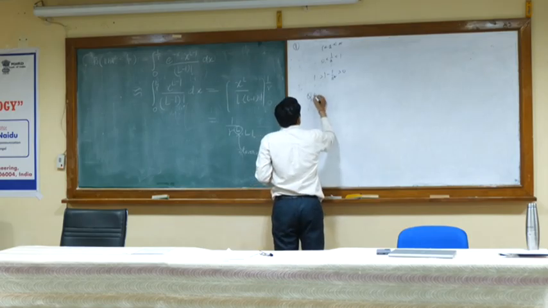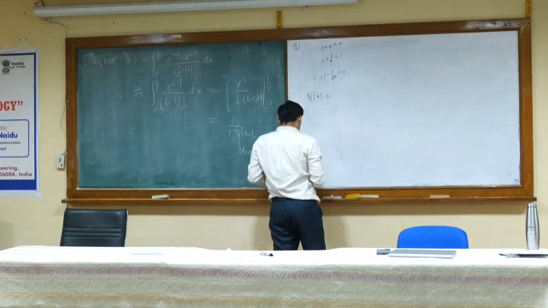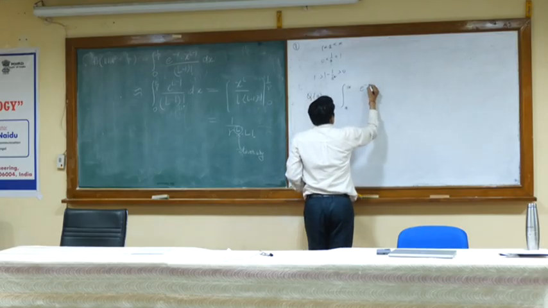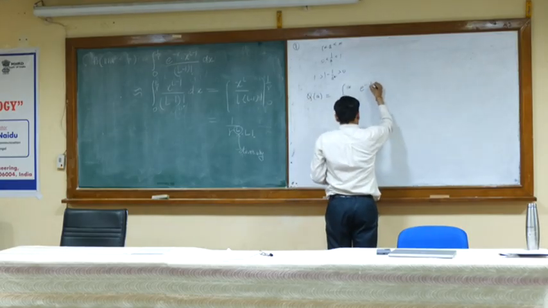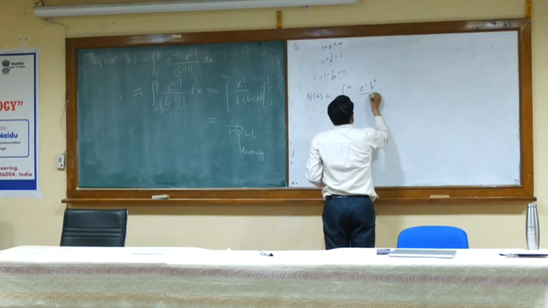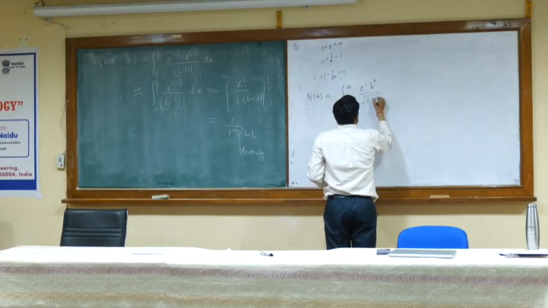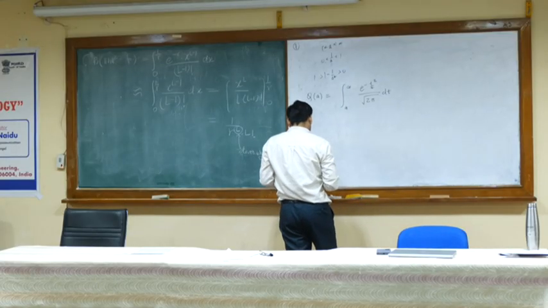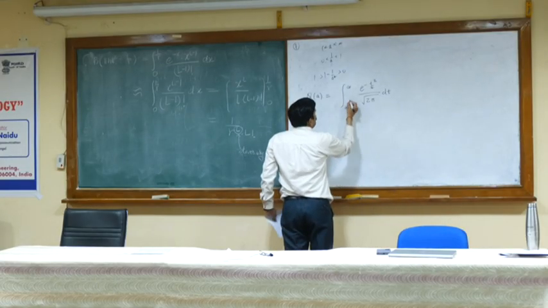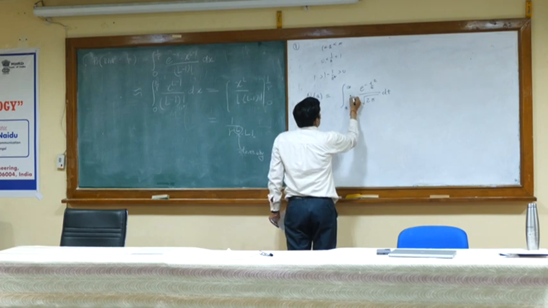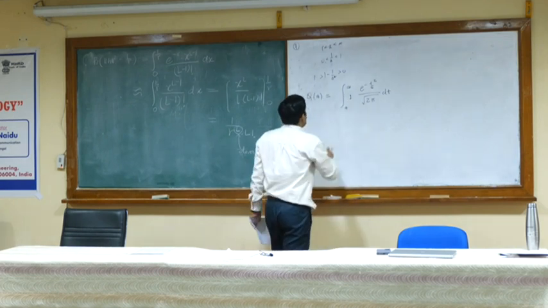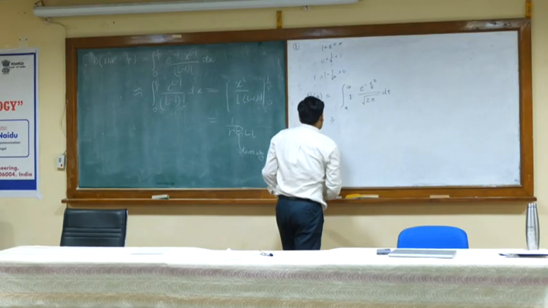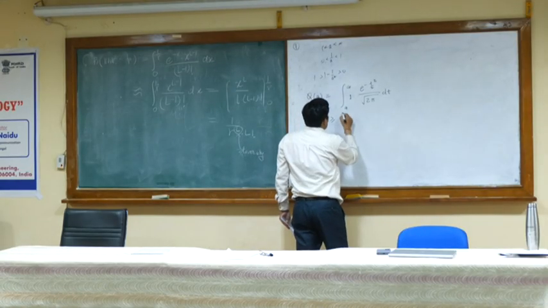So for example, Q(A) is given by the integral from A to infinity of e to the power minus t square divided by 2, divided by square root of 2 pi, dt. Okay. So here we have, let's say 1. So this 1 is greater than 1 minus 1 by a to the power 4.